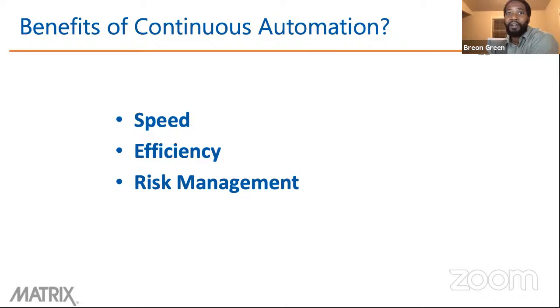Then there's risk management, which is measured by the quality of the software that you're changing. So compliance and audit frequency is easy to see, right? You have more of an audit trail because all of the updates come in the form of software.